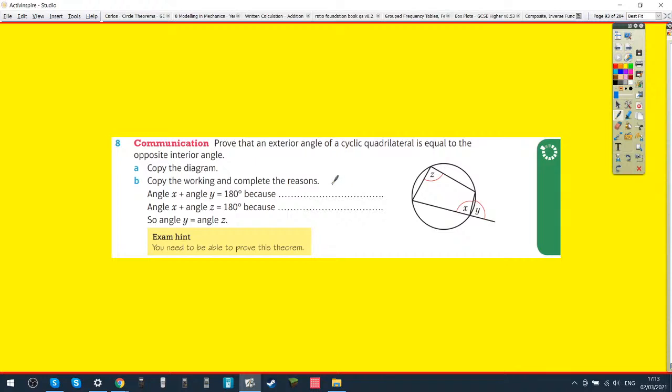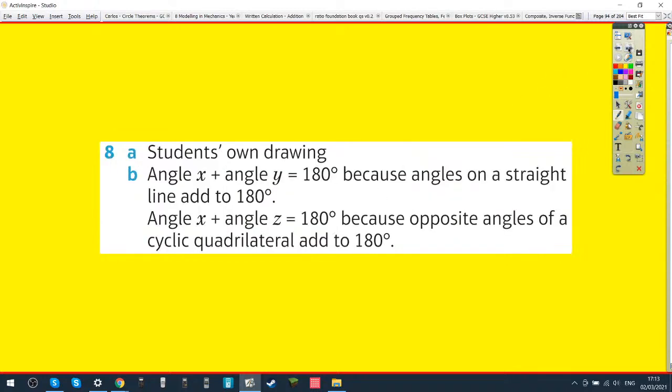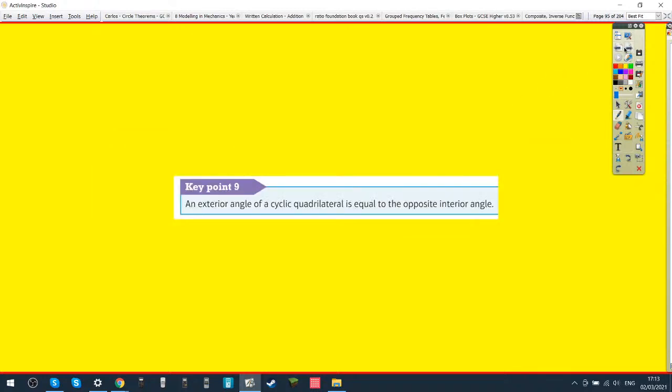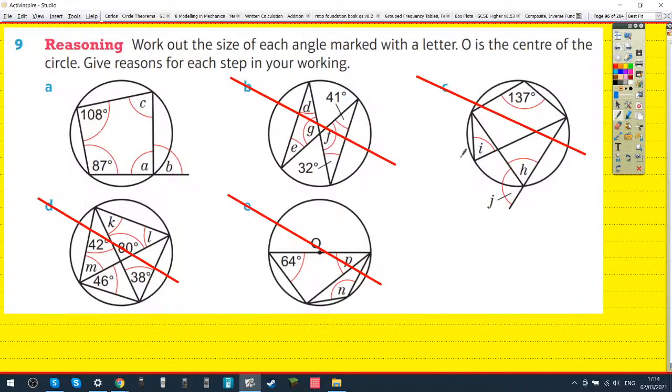And what is this one? Proving this? Okay. Let me see this one. Alright, let's do A, B, and C. So 87 degrees.